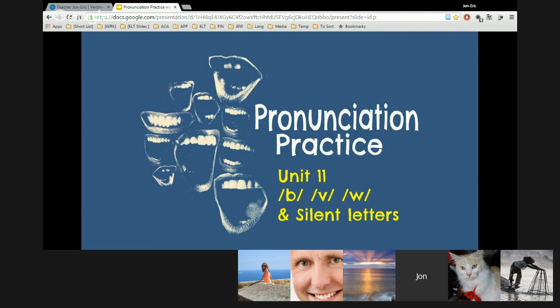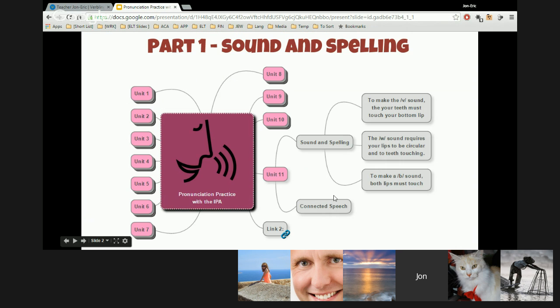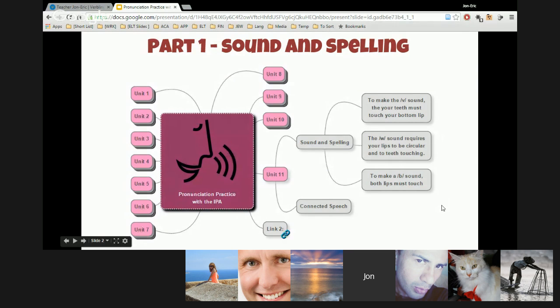Very good. So let's take a look at what we're doing today. First of all, this is a continuation of something we started last Monday, and our goals for this unit are on the screen right now, on the second page of the slide. Basically, it's to get practice with three sounds that are often difficult for non-native speakers, because in some languages they're not distinguished.